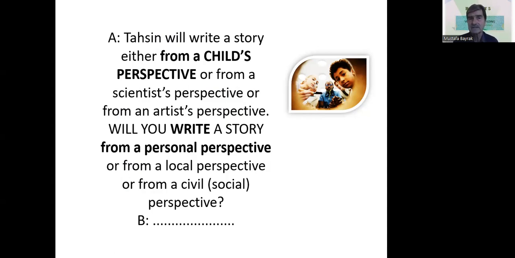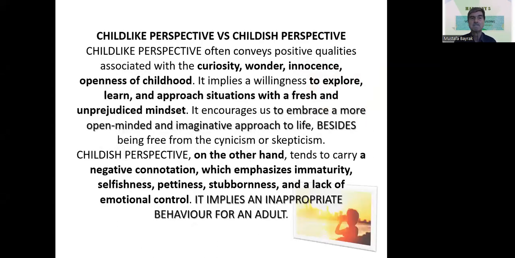We can increase it. Let me say this much, and you figure out the rest. Will you write a story from a personal perspective, a local perspective, or a civil social perspective? This is important. For example, let's choose the last one. I think I will write a story from a civil, social perspective.